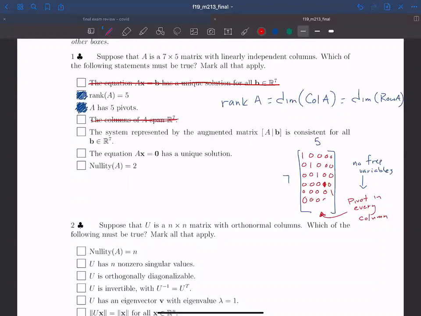We'll have some more rows of zeros here. When you find a basis for your row space, the basis you would get is by just taking these vectors here. These vectors are in R5, and they do span R5. And so the row space is all of R5.